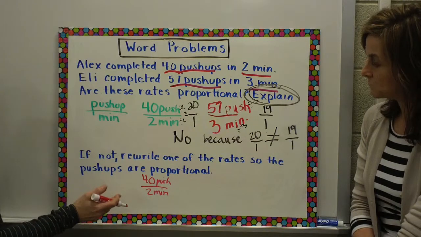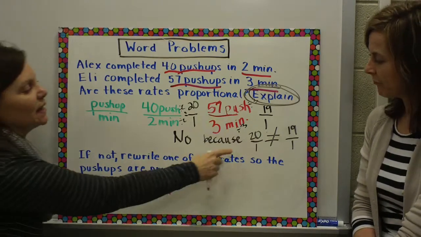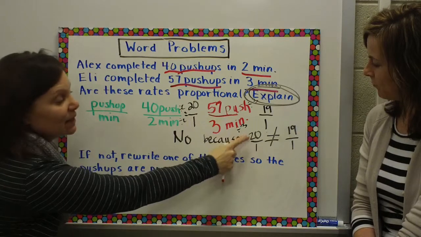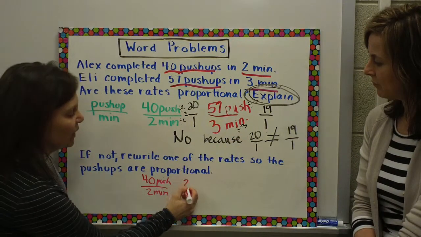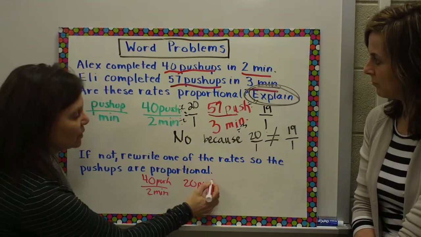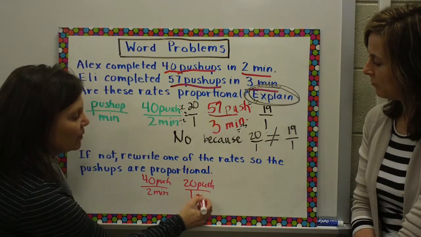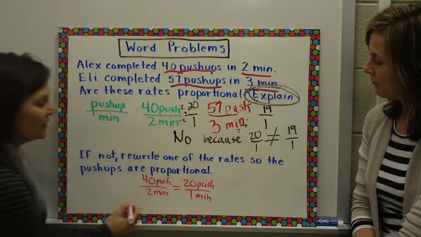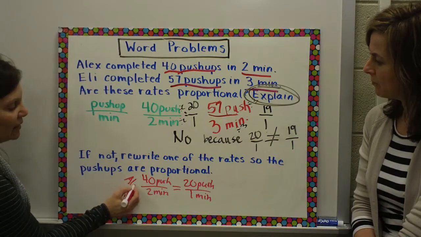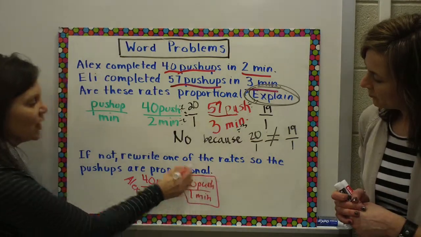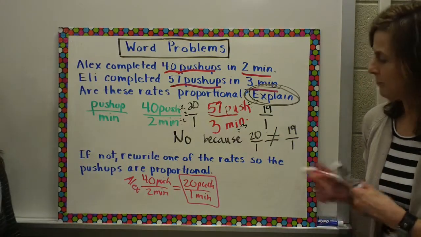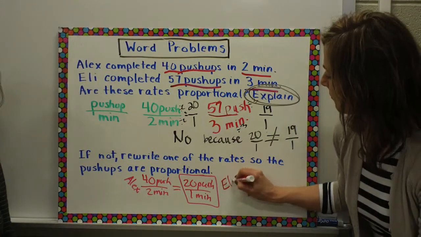Now notice that when we already wrote the unit rates, it had to be 20 push-ups in 1 minute. So we might say that Eli completed 20 push-ups in 1 minute, because these are the same. So this would be for Alex, and the new one that we would write for Eli, we're going to change his amount of push-ups. So we have 20 push-ups to 1 minute.